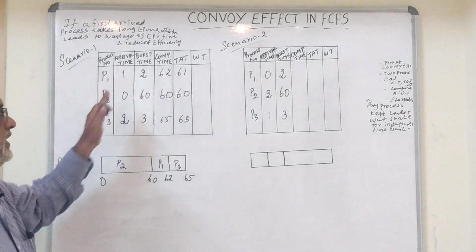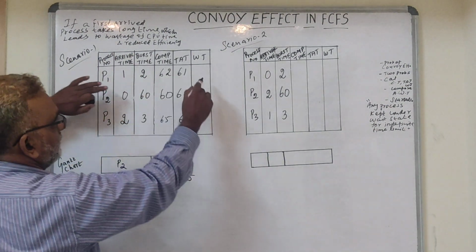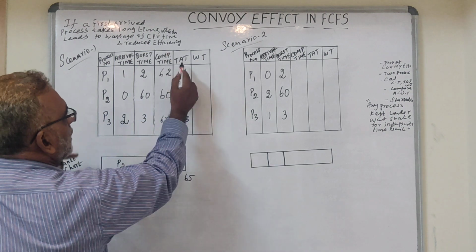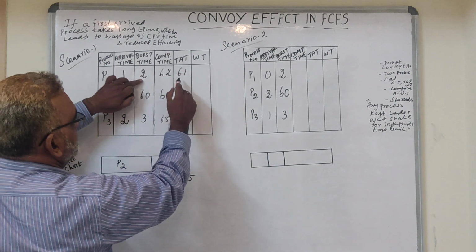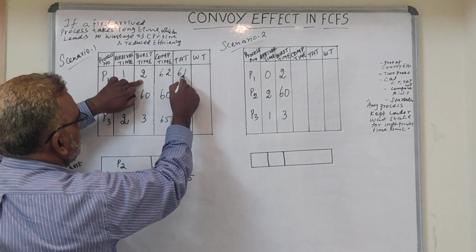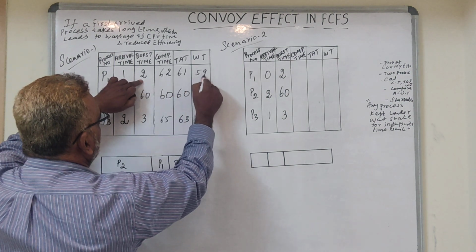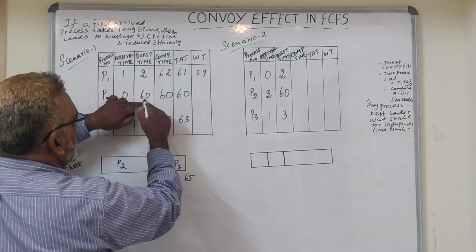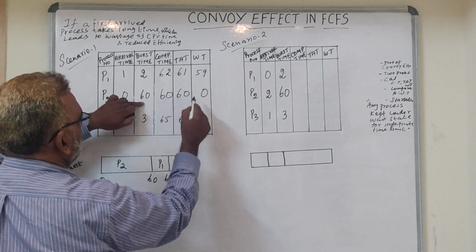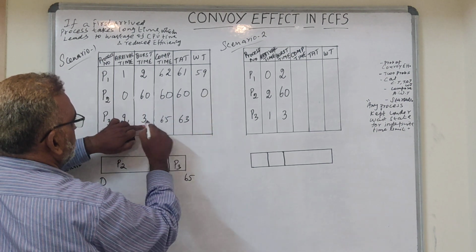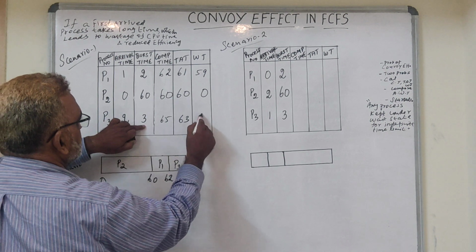Now we have to calculate the waiting time. Waiting time can be calculated as turnaround time minus burst time. So it is 61 minus 2, that is 59. It is 60 minus 60, that is 0. It is 63 minus 3, that is 60.